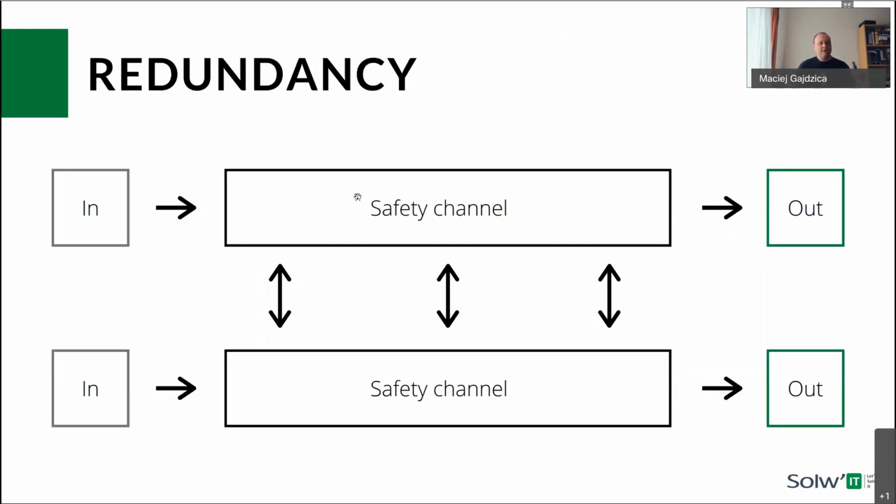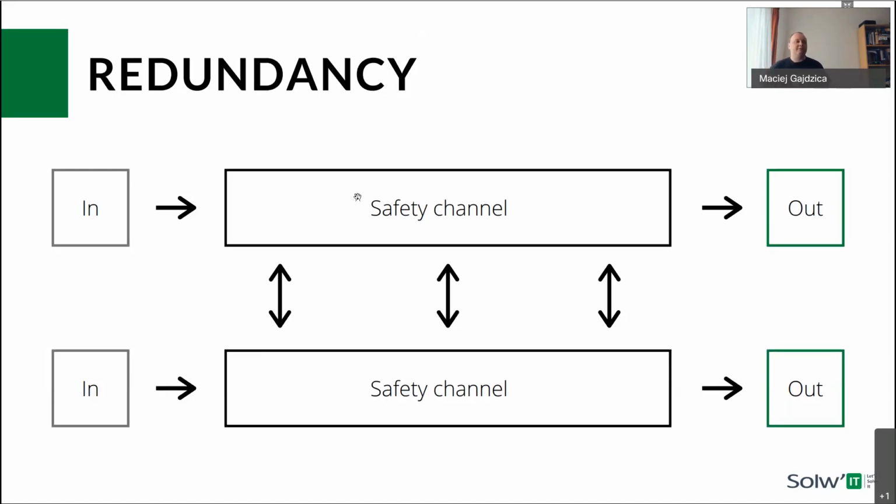So we have channels that have a separate set of inputs, of sensors. They have separate processing path, and they have separate outputs. And they are exchanging data with each other. So we know that the data differs between them, and they can detect errors and act accordingly.